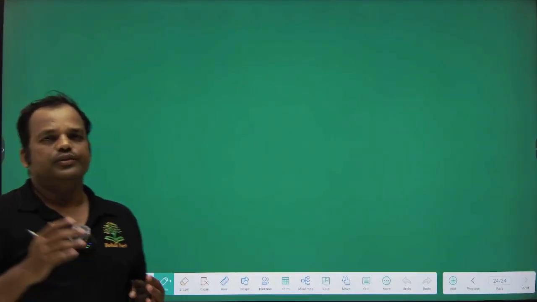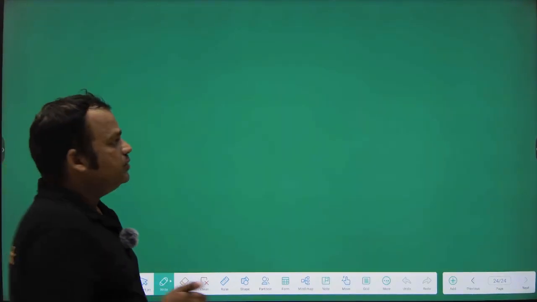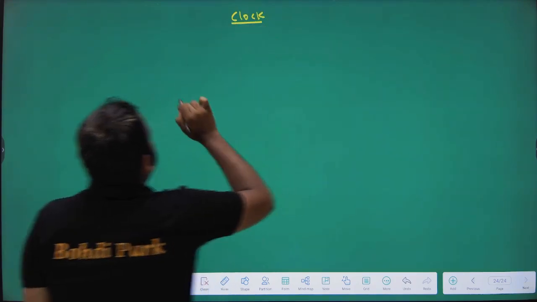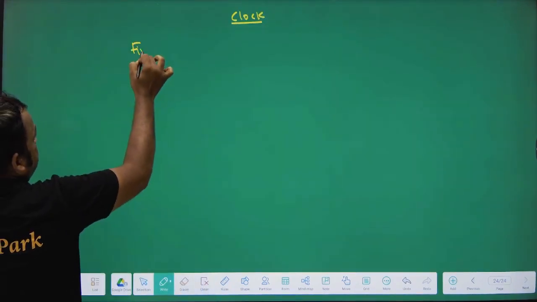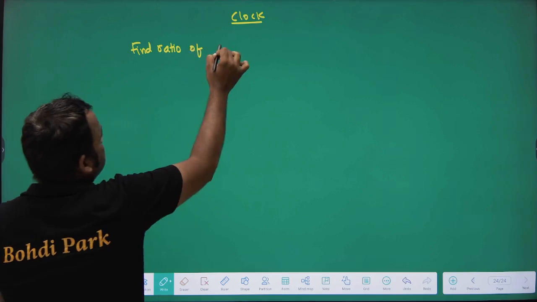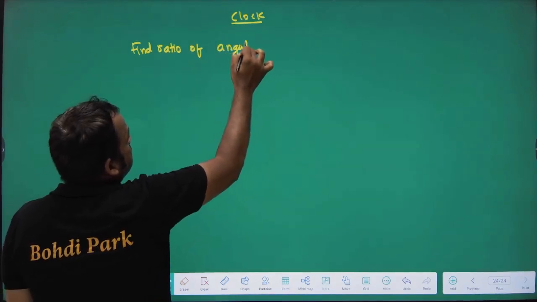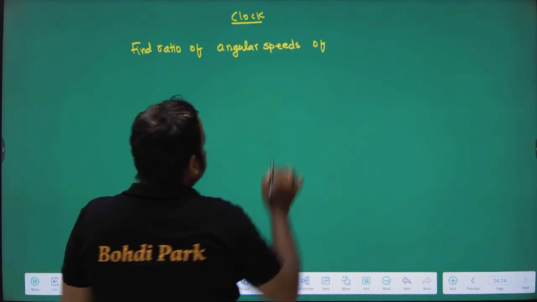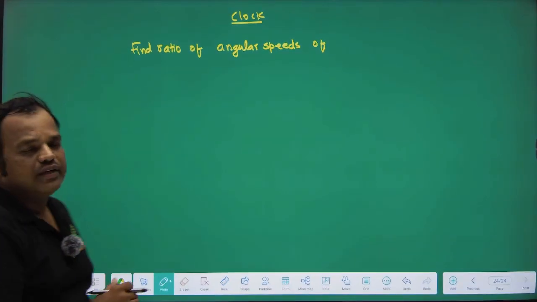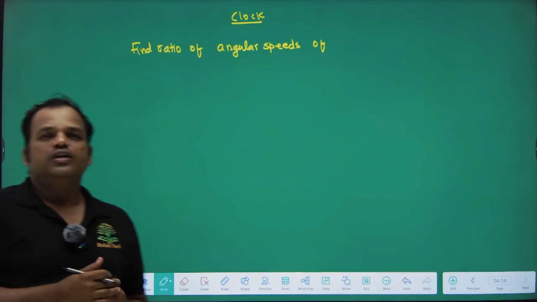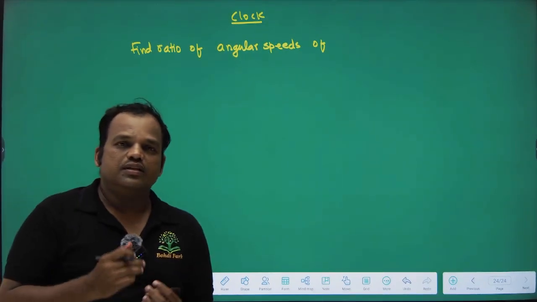Let's do some questions related to more examples of uniform circular motion. Clock. Find ratio of angular speeds of. Now we have a clock in which second hand, hour hand, minute hand are there. So the fastest is second hand.